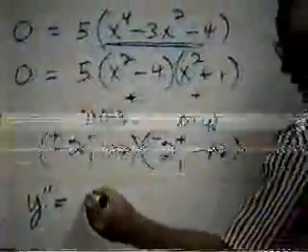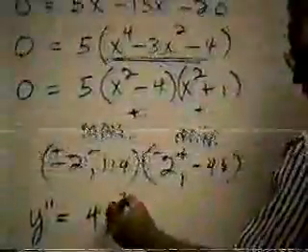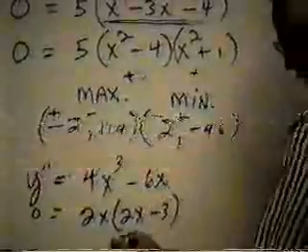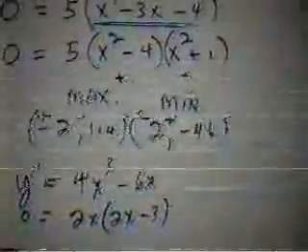So the derivative of that is 4x cubed minus 6x. Setting that equal to 0, we can factor out a 2x. That leaves us 2x minus 3, and therefore, I'm going to come over here and finish this up. Therefore, we have 0 and 3/2.